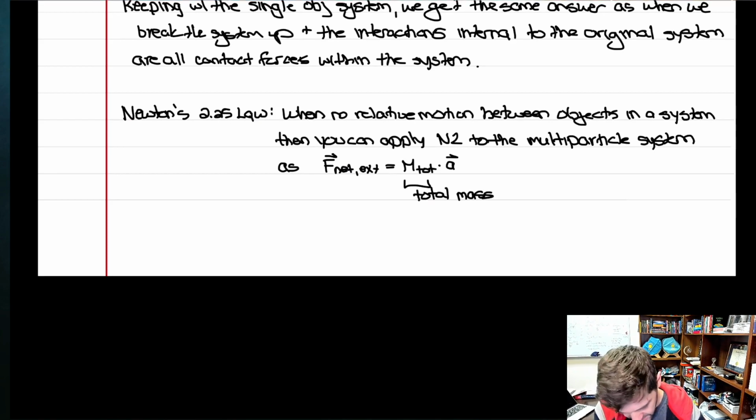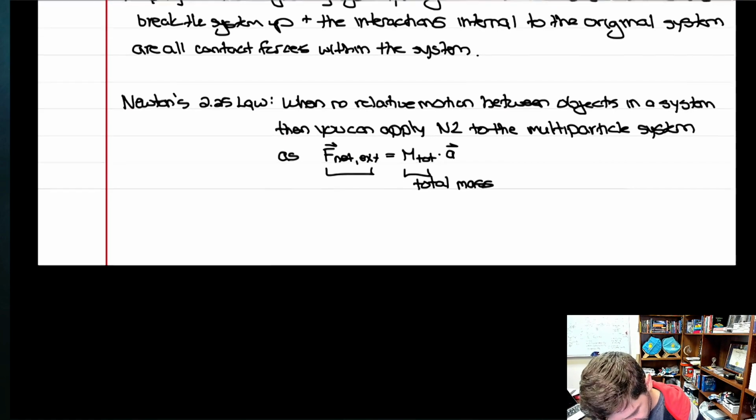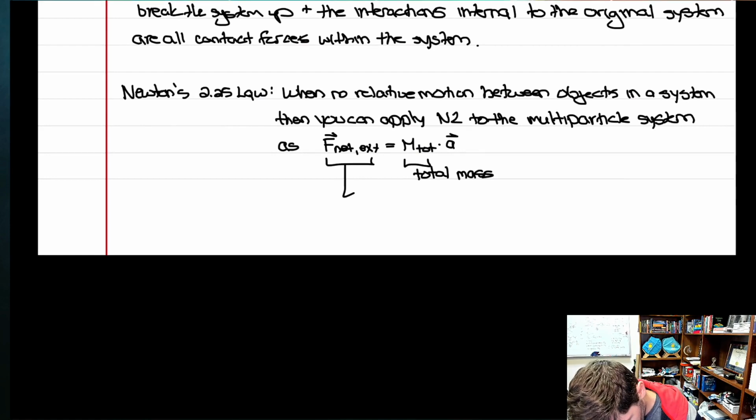So add up the mass, integrate the mass if it's a distribution, whatever you have to do. Then this F net external are only forces originating from outside the system.